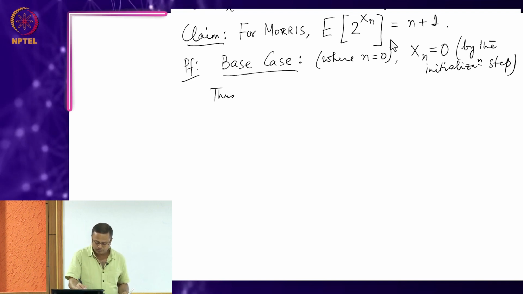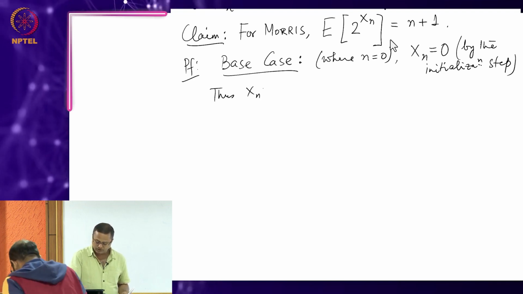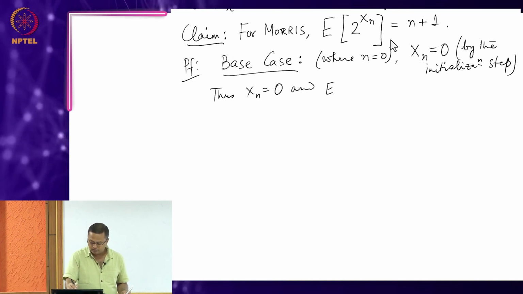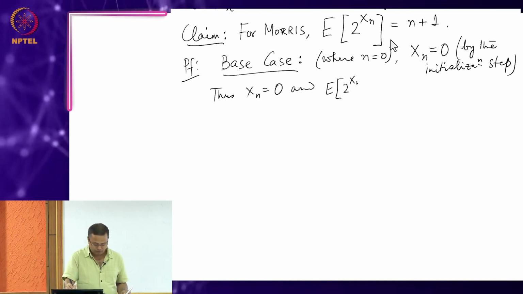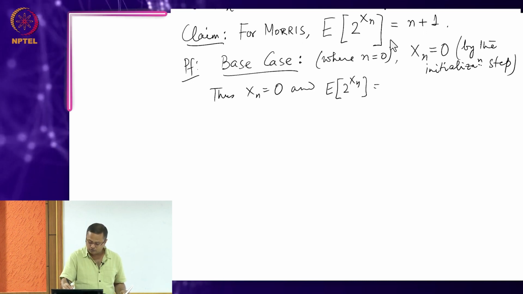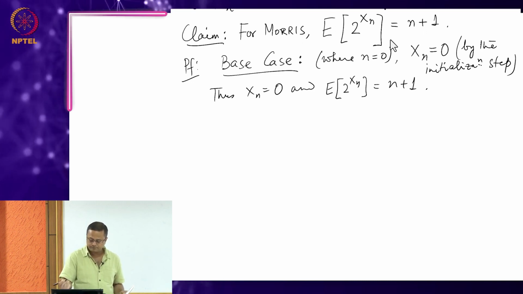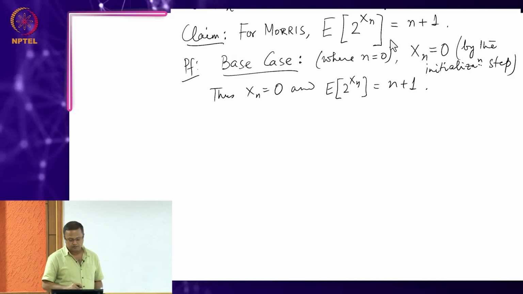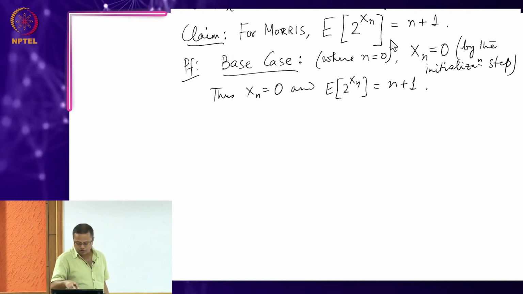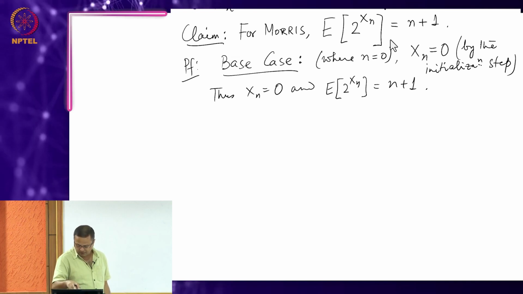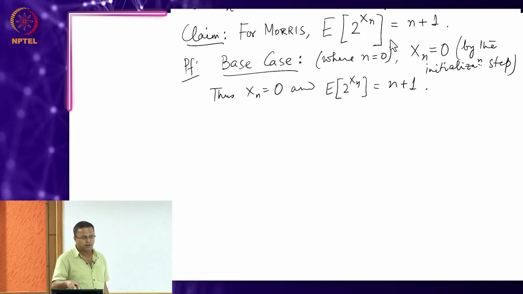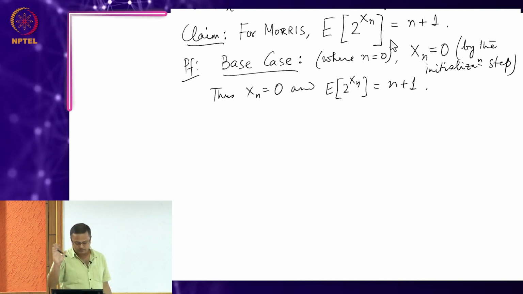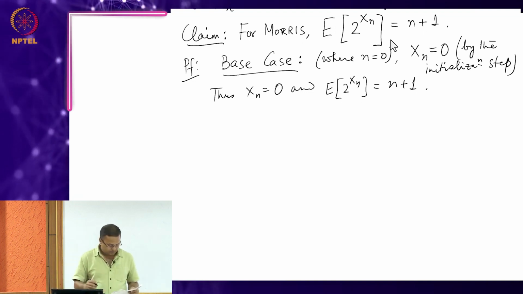So your x_n is equal to 0 and the expectation of 2 to the power of x_n is equal to n plus 1. x_0 is 0, so 2 to the 0 is 1, expectation of 1 is 1, n is 0, so it satisfies, right. So, base case done.